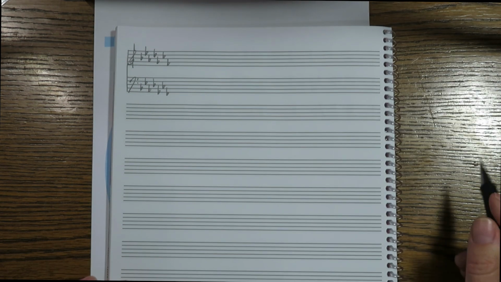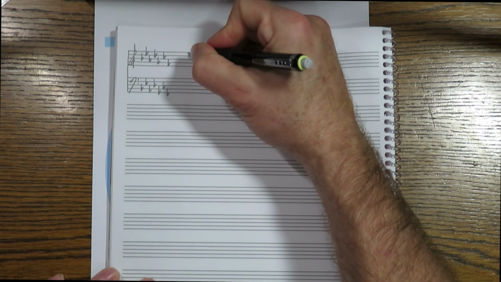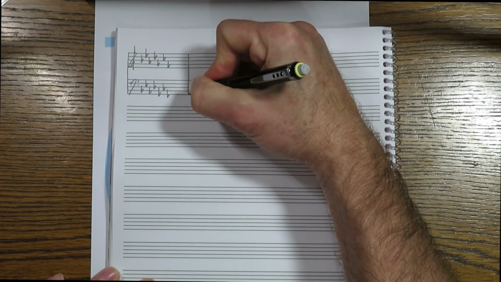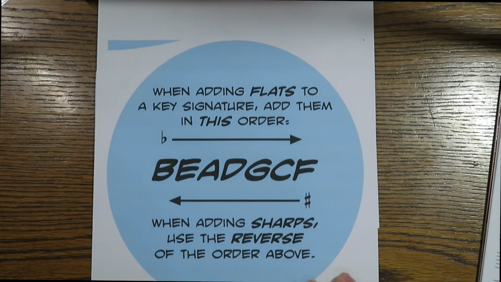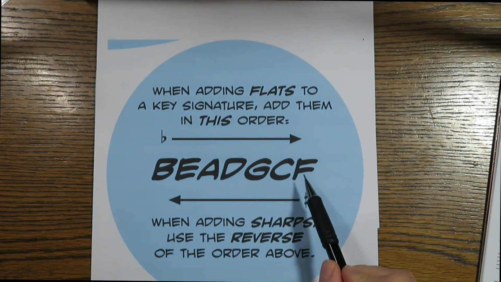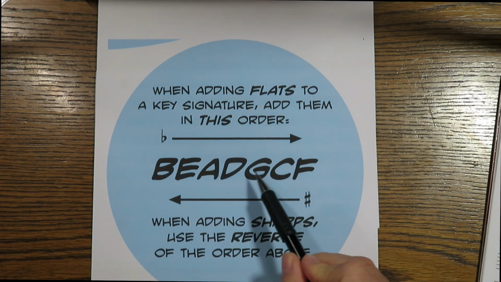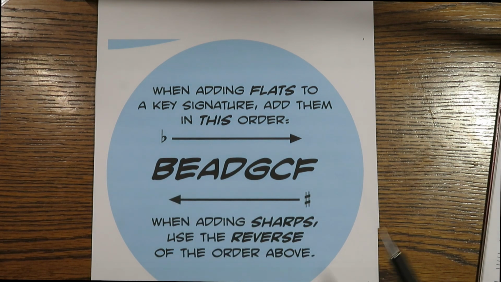So those are our flats. Now with the sharps, it goes the opposite way. F, C, G, D, A, E, B. Okay? So when adding sharps, we use the reverse of the order above.